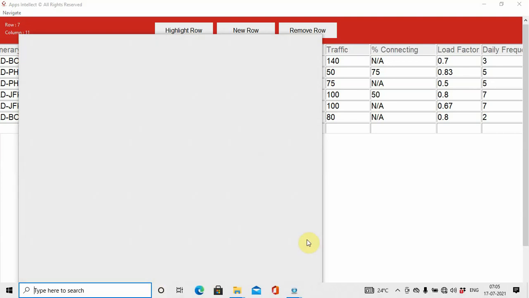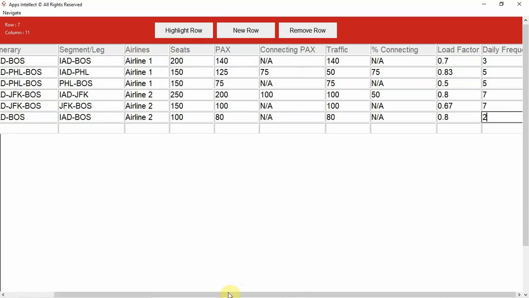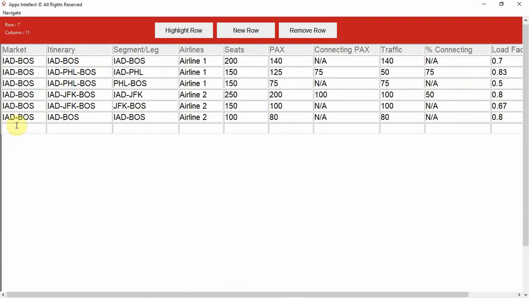Now we'll add another market, from Washington to Petersburg. It will go from Washington to Boston and Boston to Petersburg.